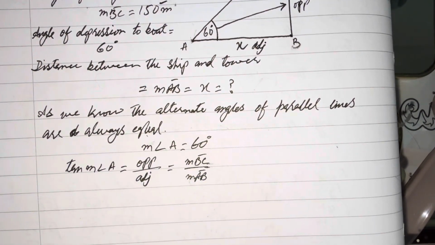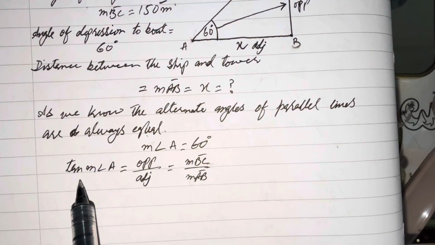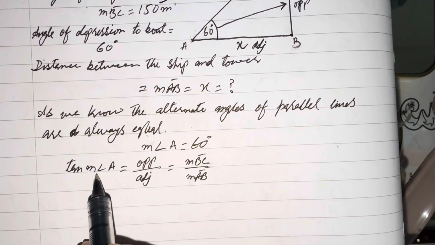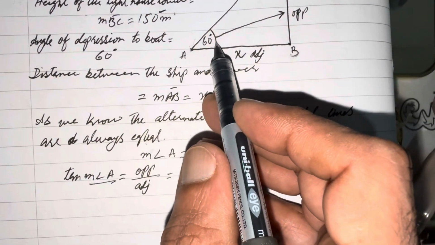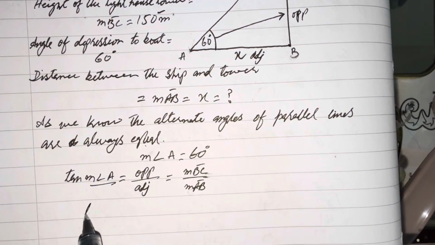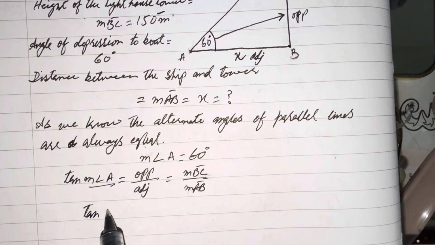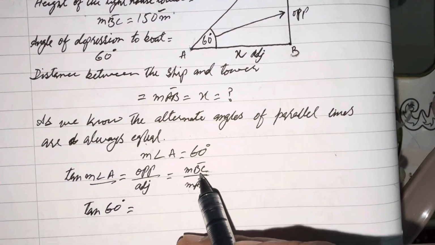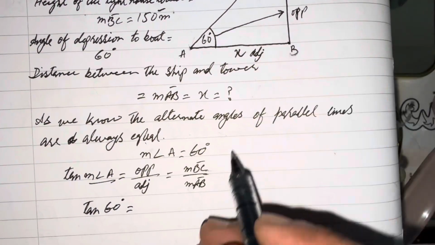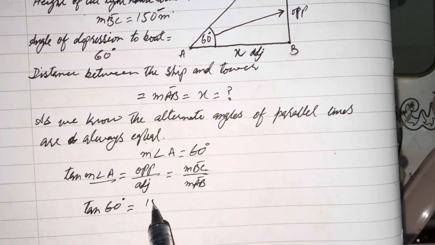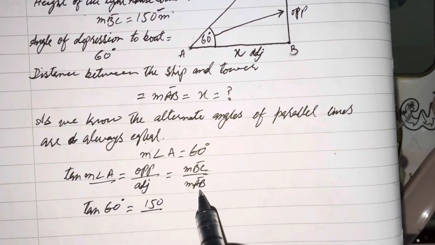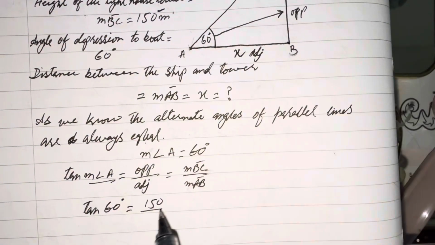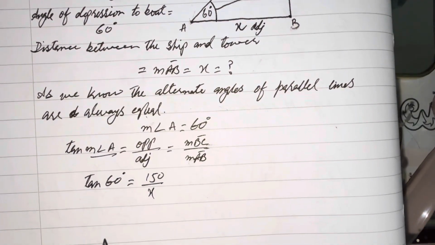Now, the measure of angle A is given as 60 degrees, so we can write tangent 60 degrees equals the measure of BC, which is 150 meters, divided by the measure of AB, which is x. That x we will have to find.